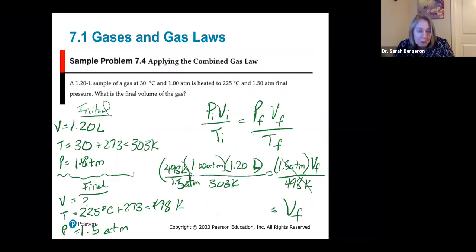Then divide by 1.5, and then hit enter, and then divide again by 303. Or you can put things in parentheses, but just don't make a calculator error on here. So double check that you know how to do this on your calculator. You get 1.31 liters.